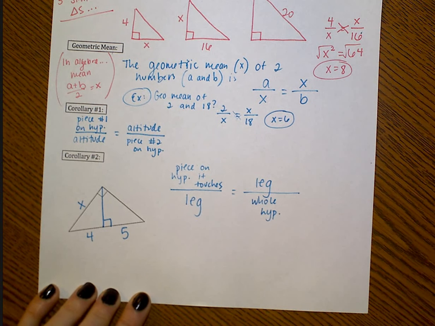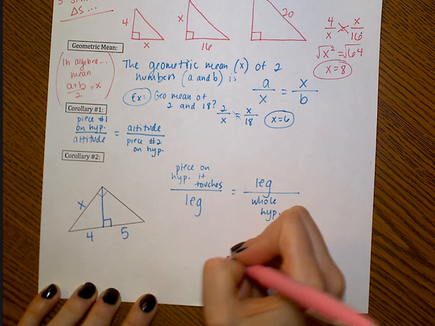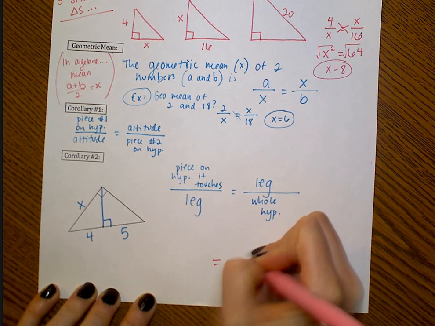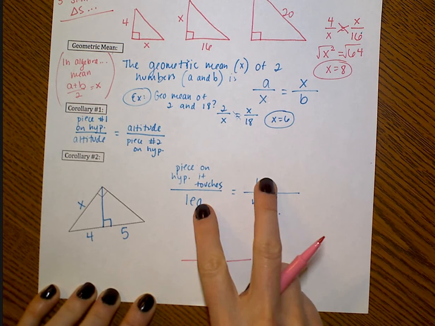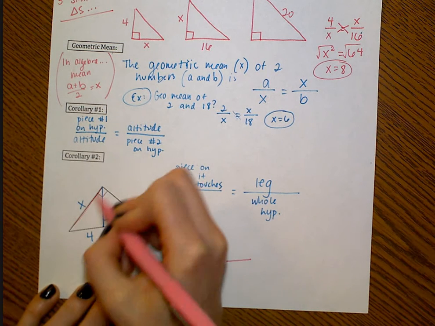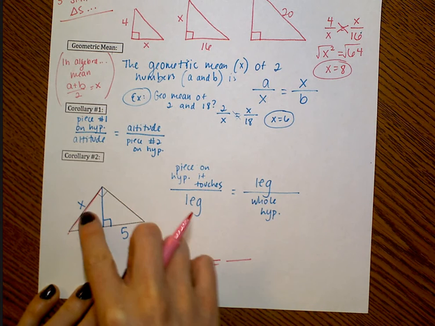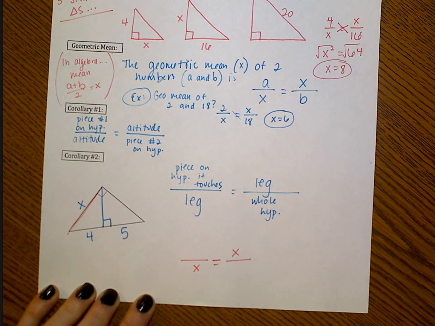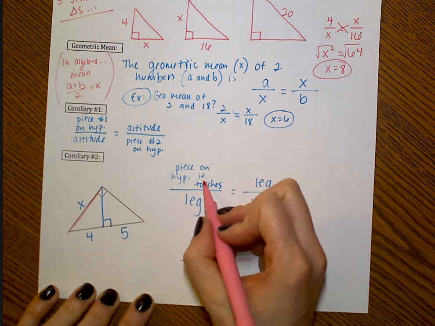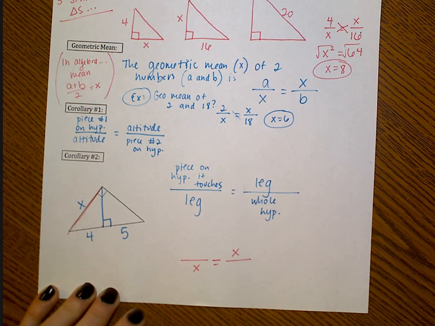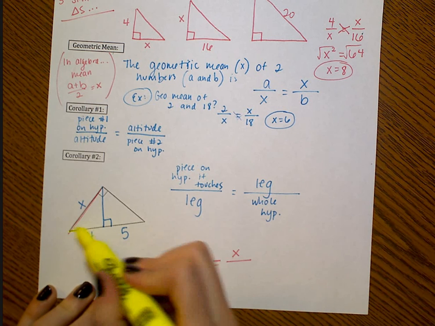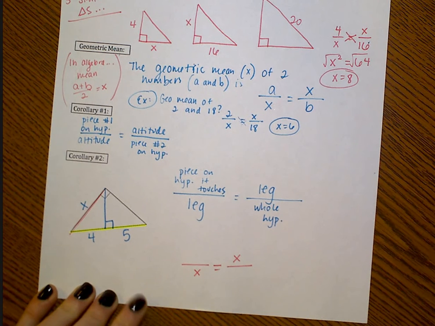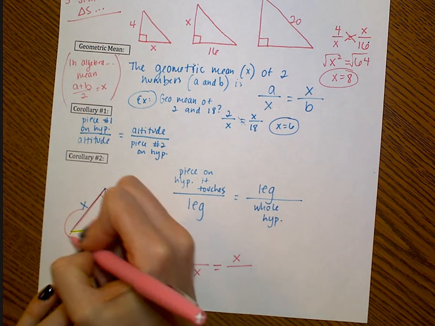So here's how I would use that shortcut to solve this problem right here. The leg, which is x here, leg, hypotenuse. The leg, I'm going to put that on one diagonal, x and x. The piece on the hypotenuse it touches, so again, you guys, here's the hypotenuse. The piece that x touches of that is the 4.